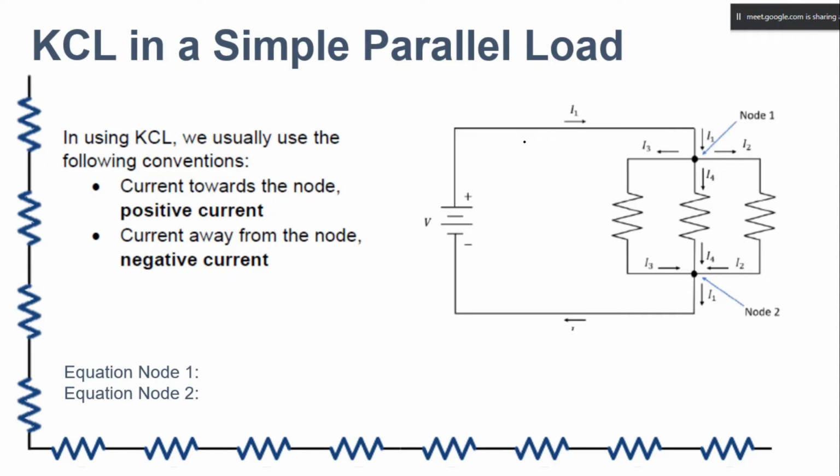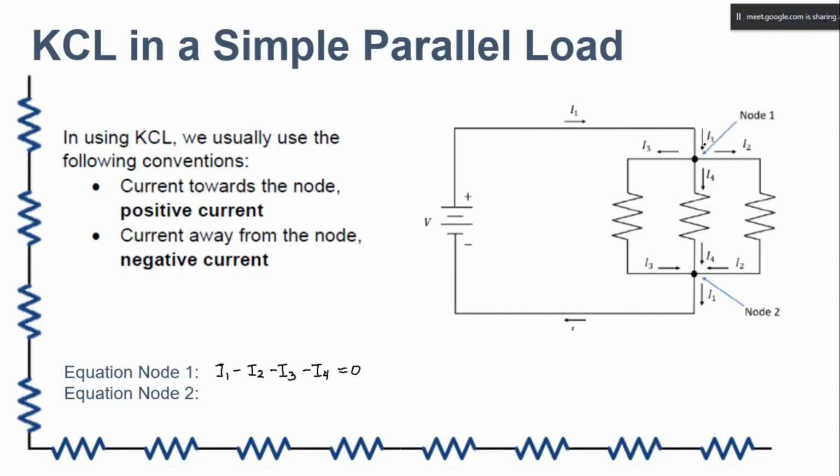Take a look on node 1 in the diagram. Ano-ano yung mga currents that are entering and leaving the node? Yung pumapasok, it's I sub 1 and I sub 3. I sub 2 and I sub 4 are leaving the node. Given po that premise, ano po yung magiging equation natin sa node 1 following KCL?